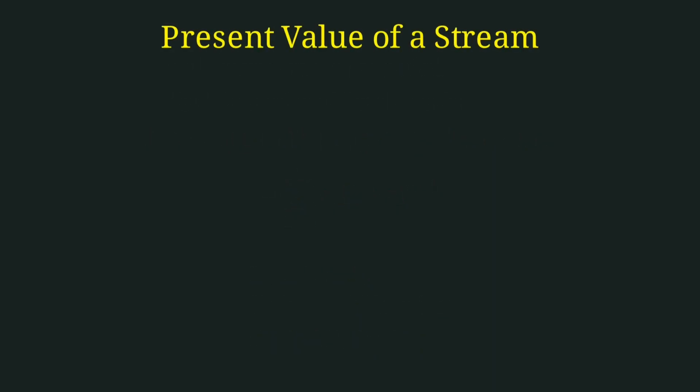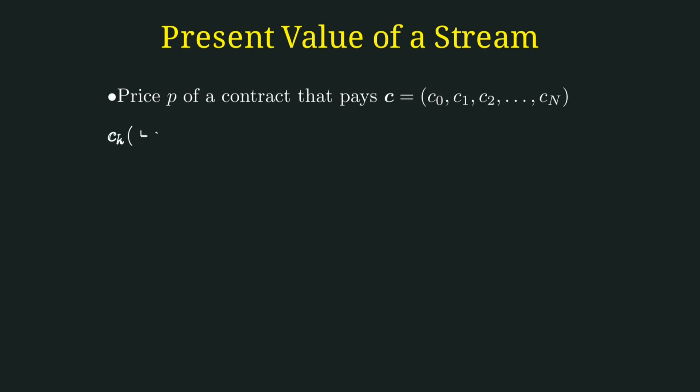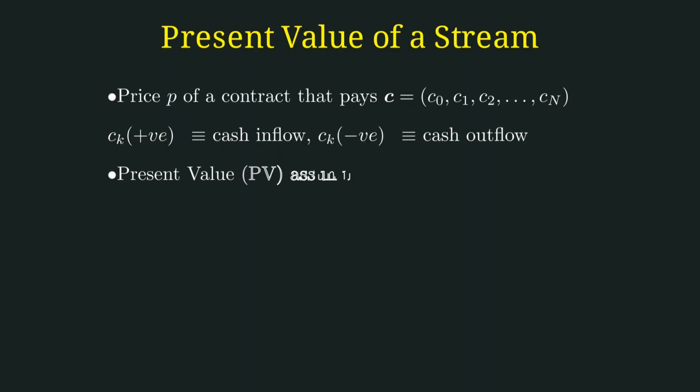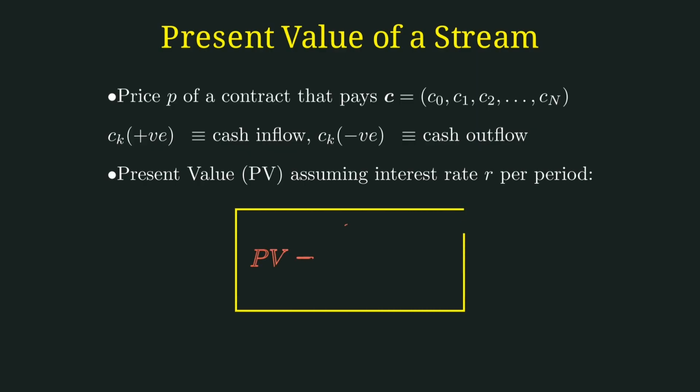Present values of a cash flow. The price P of a contract that pays a cash flow stream C0, C1, C2 up to Cn, where C0 positive is cash inflow and C0 negative is cash outflow, then the present value is given by this formula with this interest rate.